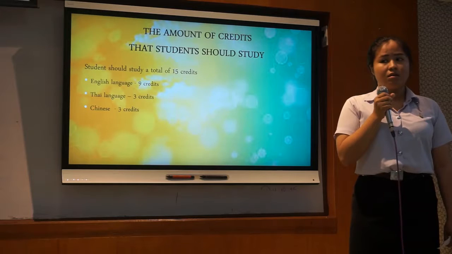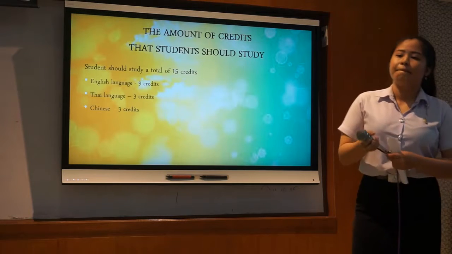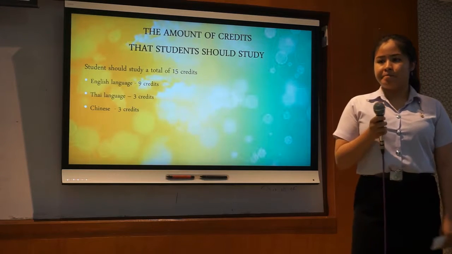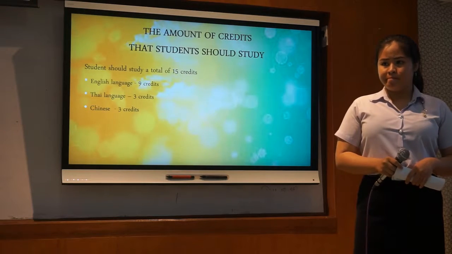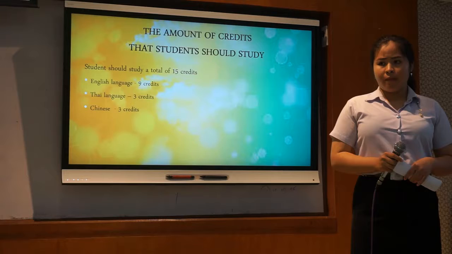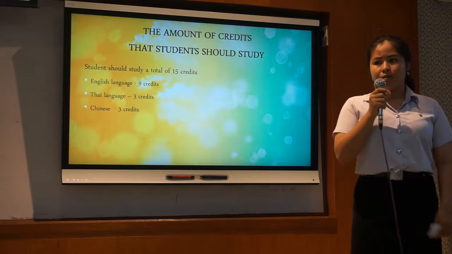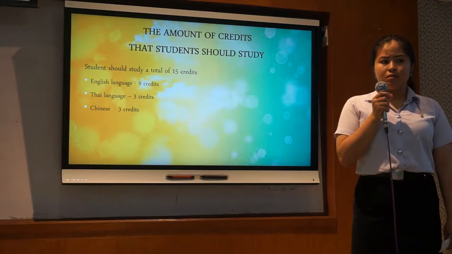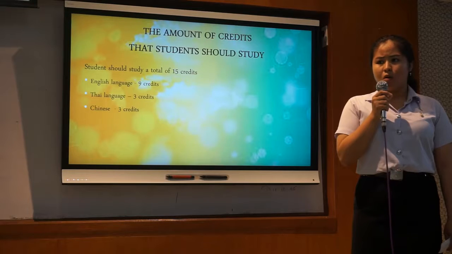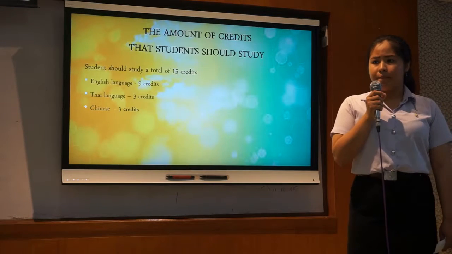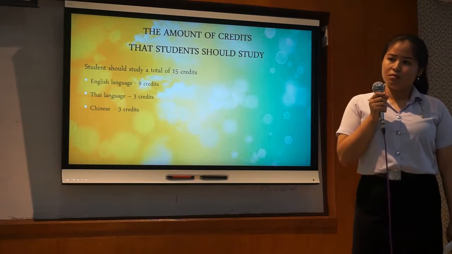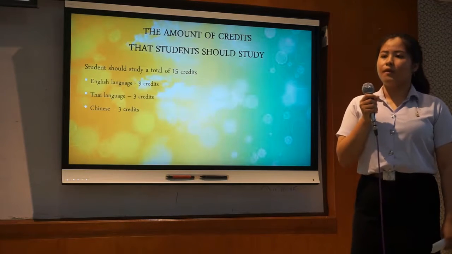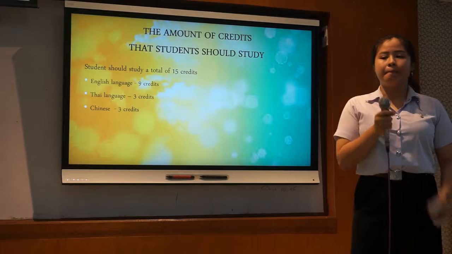For example, if I am a student taking business administration as my major, do I have to study Chinese every year or every semester? No, I don't have to. So you said that the student should study 3 credits of Chinese, right? And then, what do you mean?